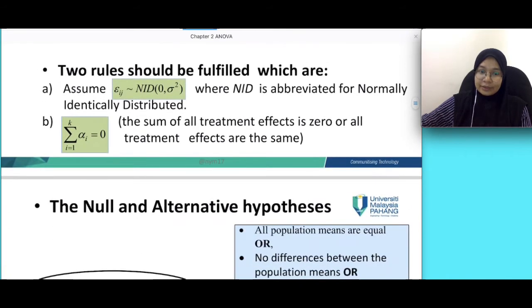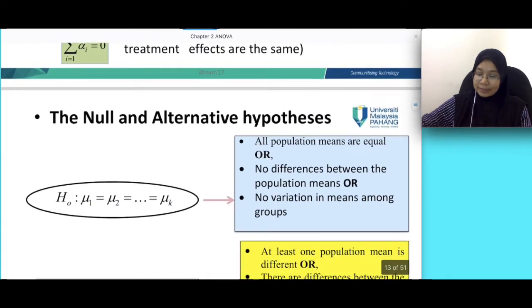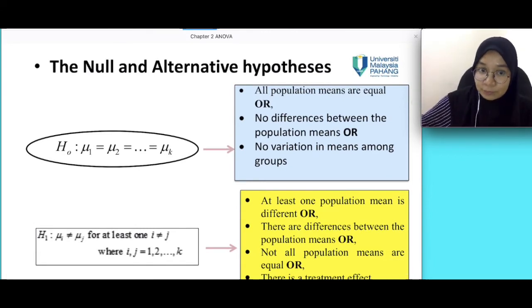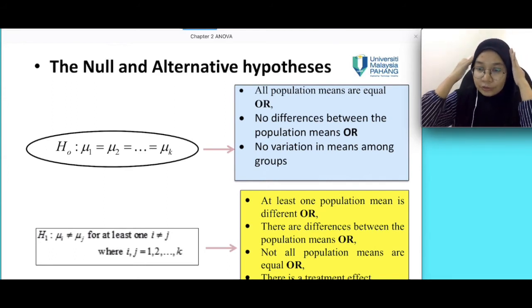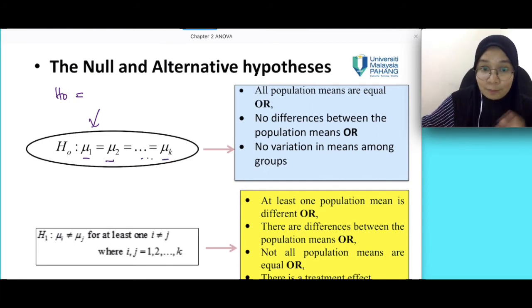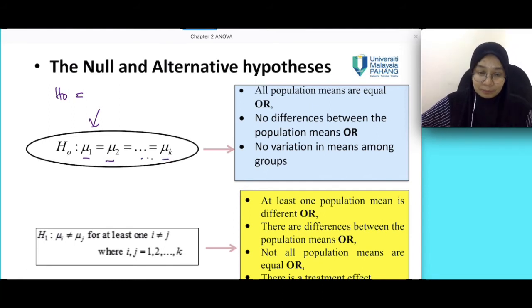Now we have step number 1, which is your H null and H1. For H null, what do we want to test? We want to test whether there is any difference between the population means. So your H null is always equal: mu1 equals mu2 until mu k, where k is how many populations you have.